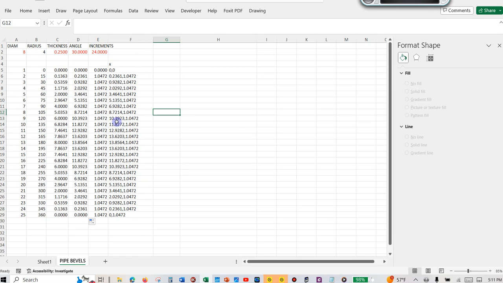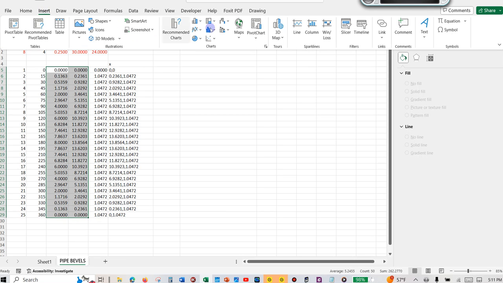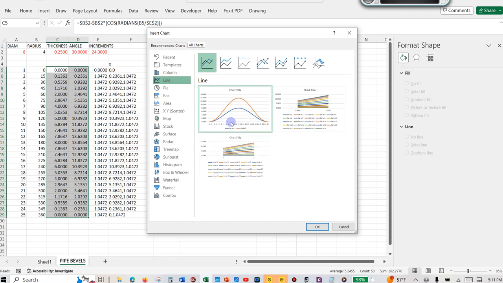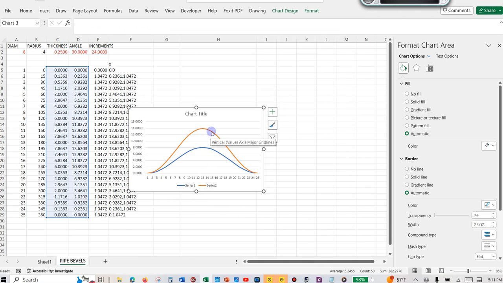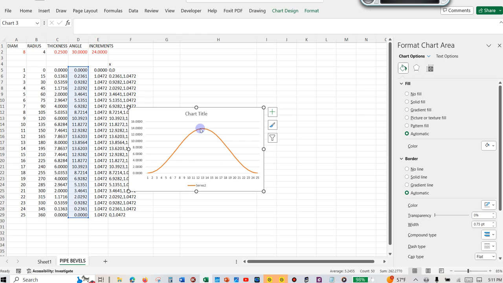Now what I'm going to do is 2 things. I'm going to go like this. Insert a graph. Let's go right there. Okay. And then 14, that's the height there.